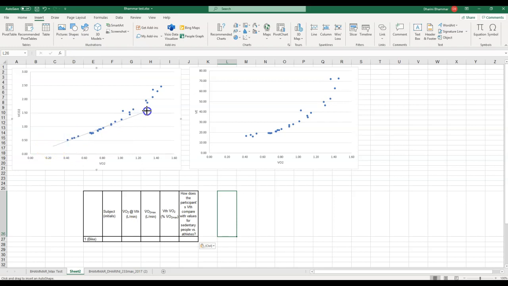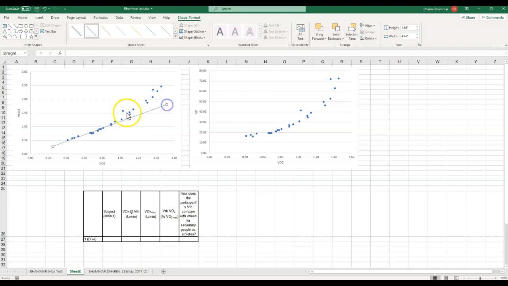The first line, you want to try and get some kind of regression through the first set of data points that have one slope, and then add a second line for the second slope. You just want to try and see what's the best fit between the two. And then once you find the point that it breaks at, you can do a little arrow and just drop it down to your x-axis.